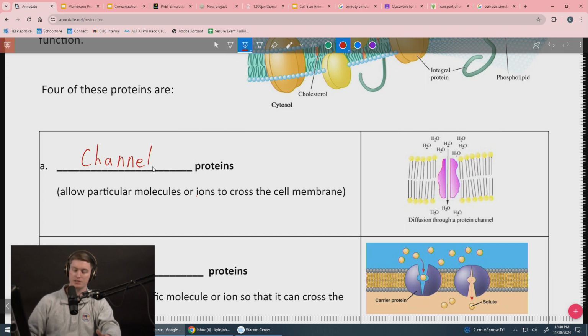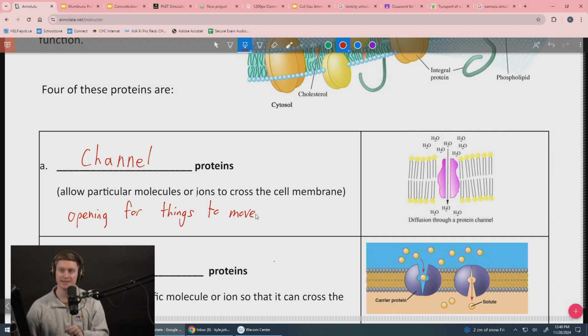Channel proteins allow particular molecules or ions to cross the cell membrane. Think of a channel protein as just an opening for things to move. Now, a channel protein can be specific to a specific type of molecule.